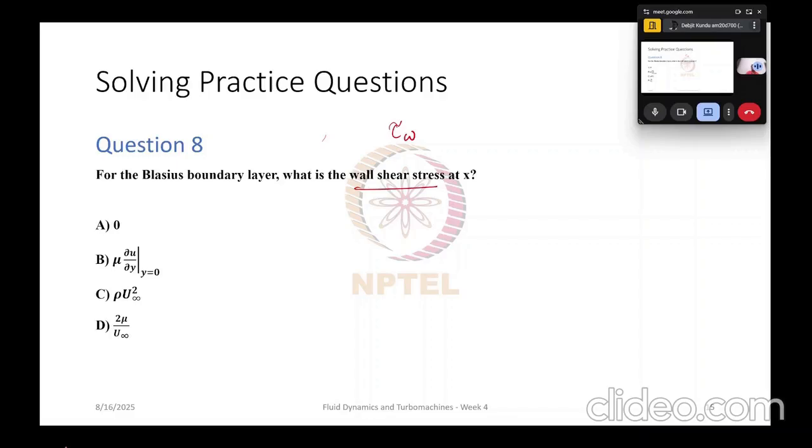Okay, let's take a look at the solution. It's actually option B, pretty straightforward. So this is nothing but Newton's law of viscosity, nothing special about boundary layers here.